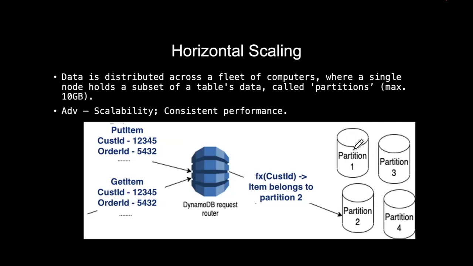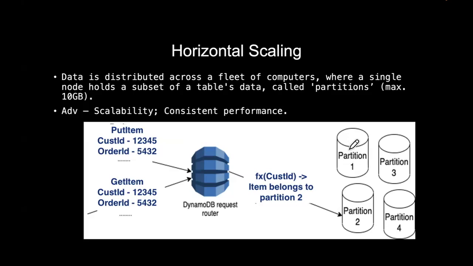The maximum size of a partition is 10 gigabytes. I probably should have said on the very first slide about DynamoDB that it is really designed for very large databases, like hundreds of gigabyte type databases. That's where it really shines, and so it's highly scalable.